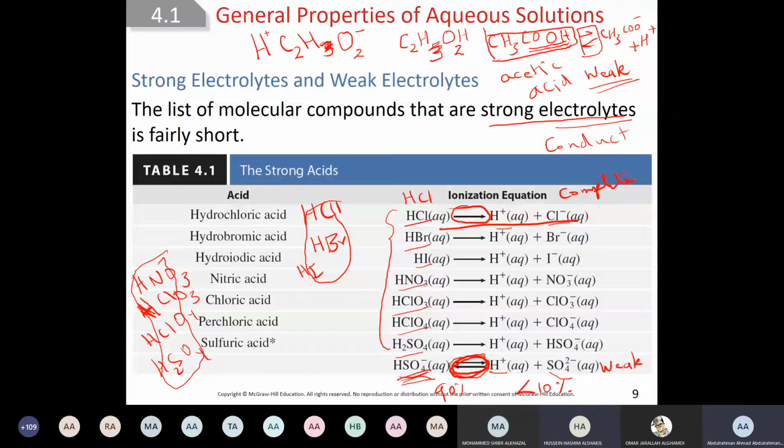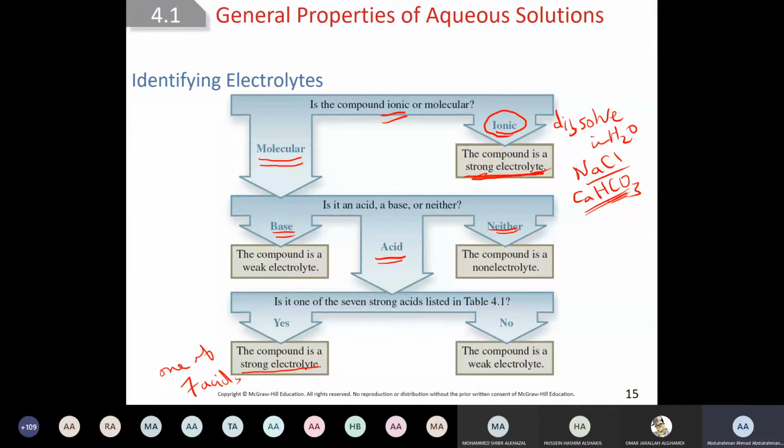Strong electrolyte. If it's other than that, like acetic acid or things like that, then it will be a weak electrolyte.